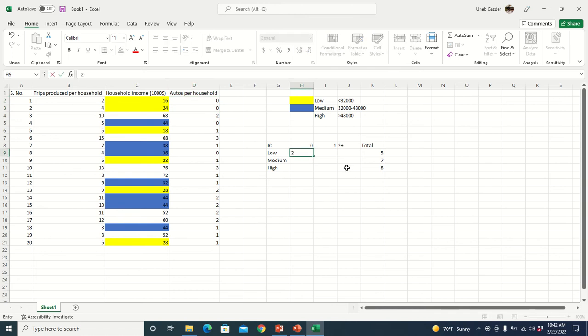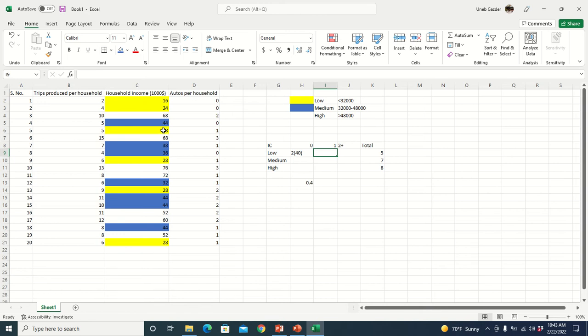Since we are calculating the percentage, I'll put the percentage in brackets, which is 2 over 5, so 40%. Then how many of the low income have 1 auto?